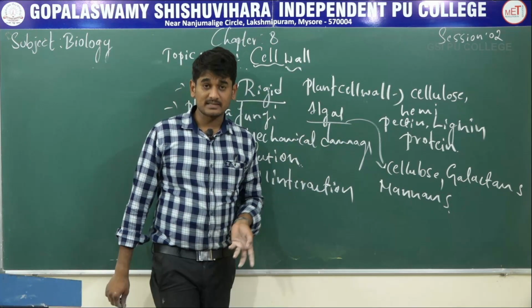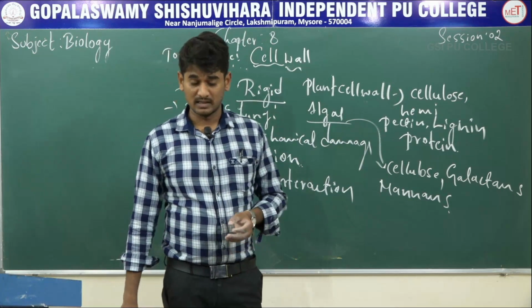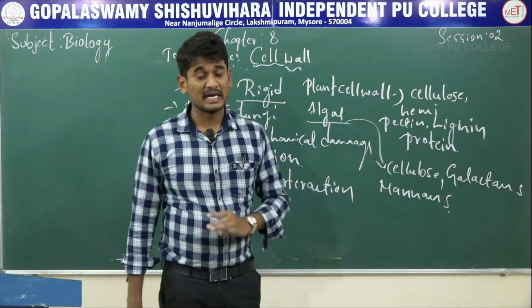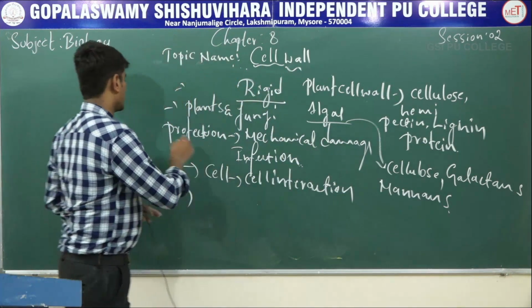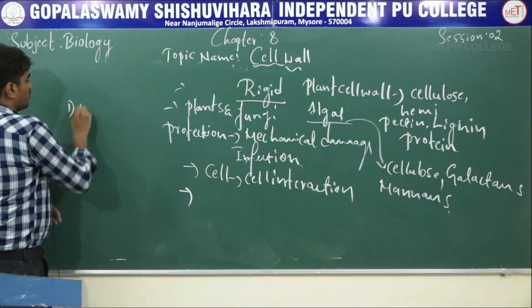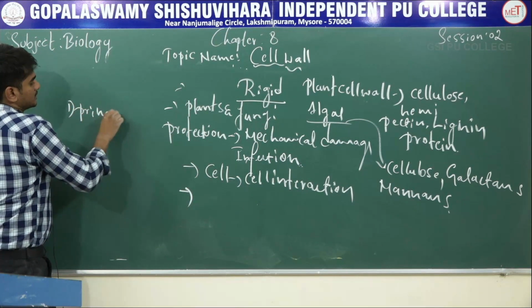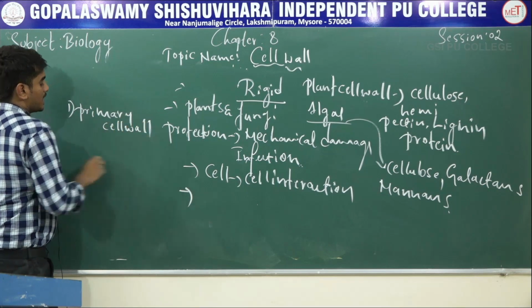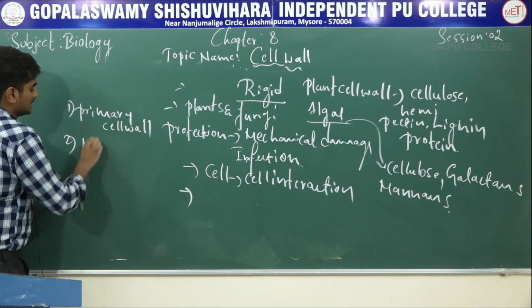Now let's discuss the structure of cell wall. Generally, the plant cell wall is made up of three layers. One is primary cell wall and middle lamella.